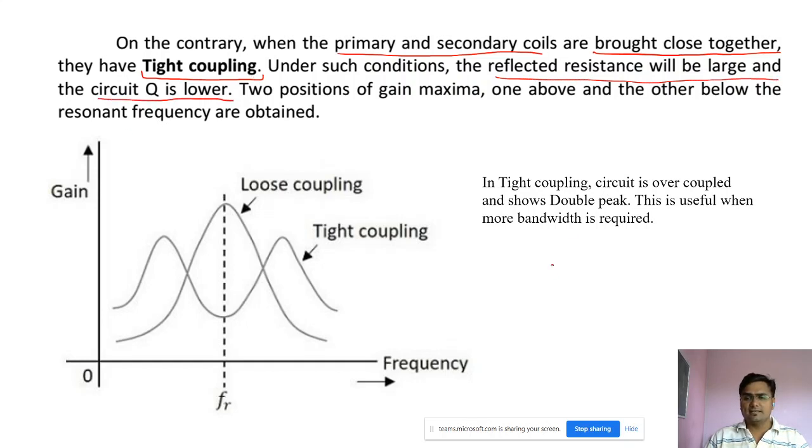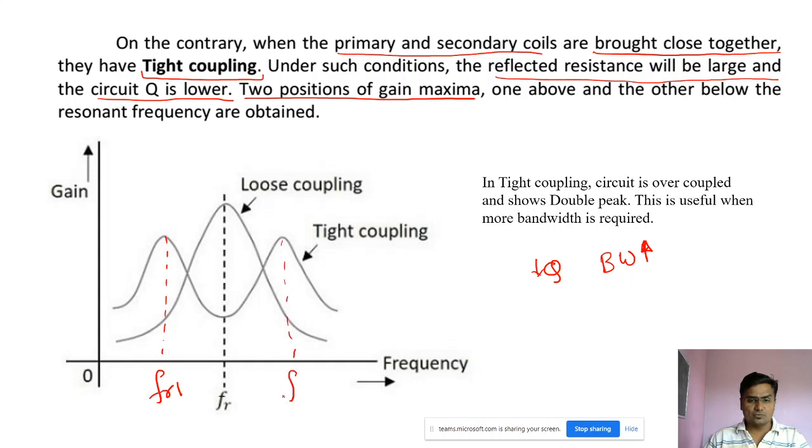If Q is very small, then obviously the bandwidth will be very large, because we know the relation between Q and bandwidth. Now, as you go on decreasing the distance between the two coils, you will observe that we are getting two resonant frequencies.